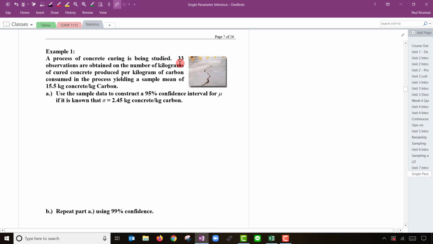So I pour 33 slabs of concrete, and I examine or measure them in some way so that I can come up with an average of 15.5 kilograms of concrete per kilogram of carbon.